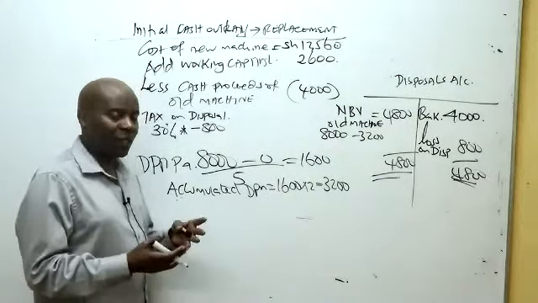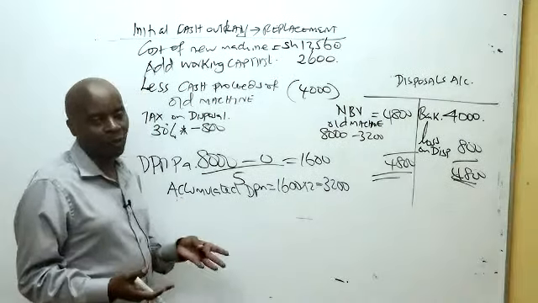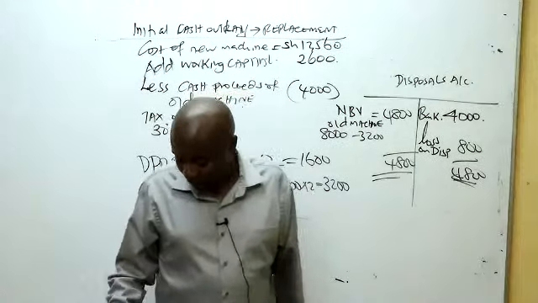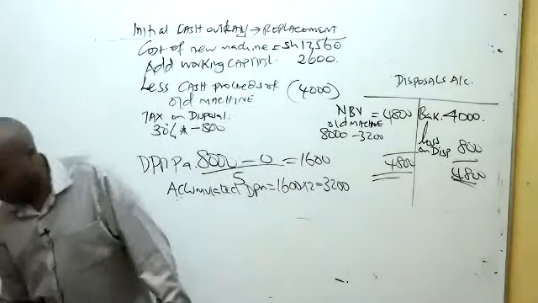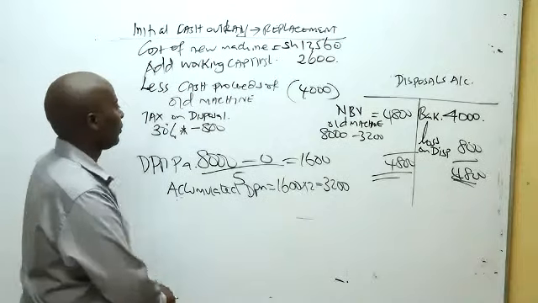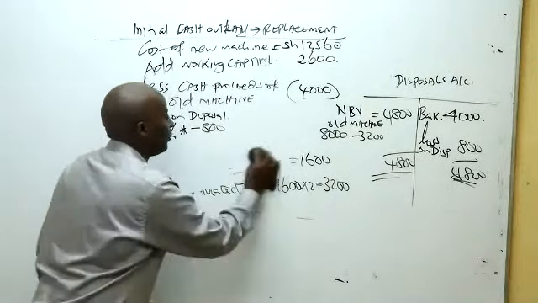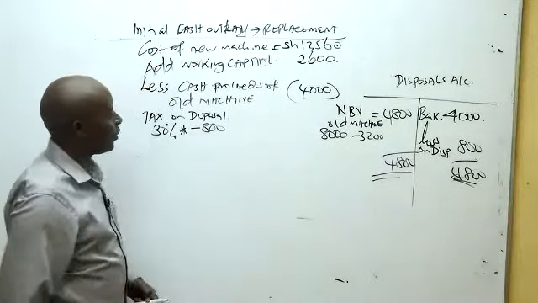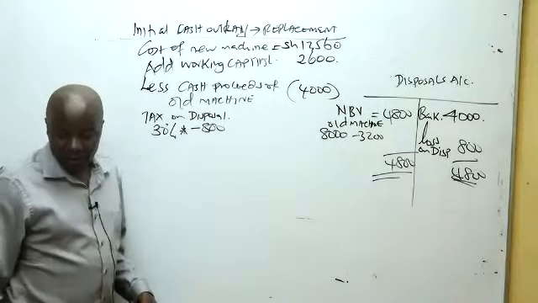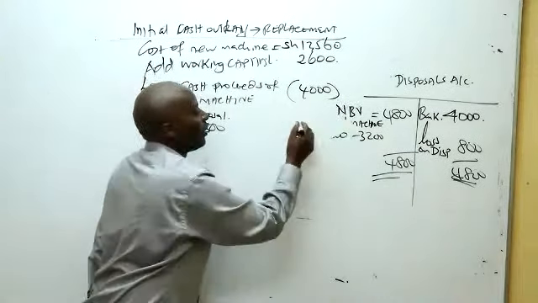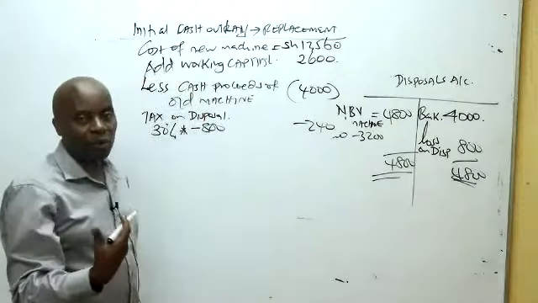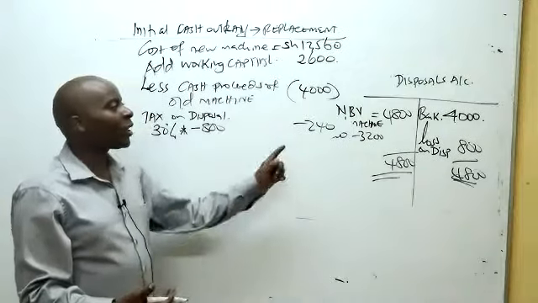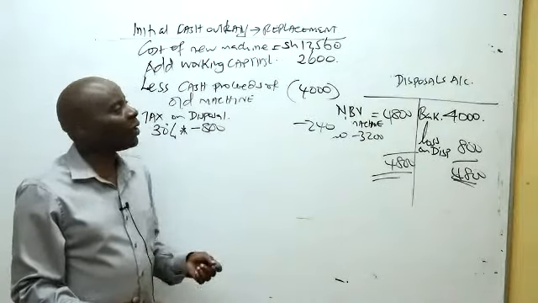The taxman is sympathizing with you. 30% of negative 800 gives us negative 240. So it's an income to the company because we have made a loss. We shall claim a tax relief on that loss from KRA, and that is it.